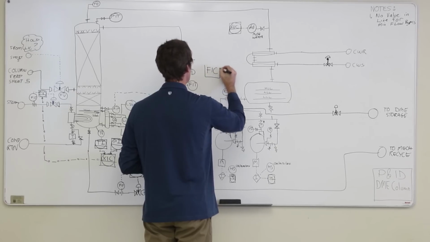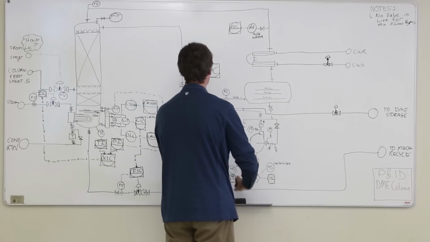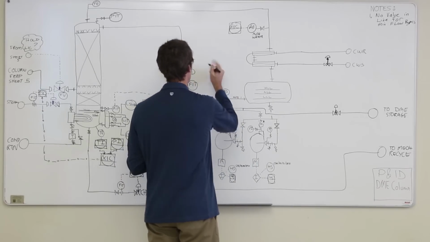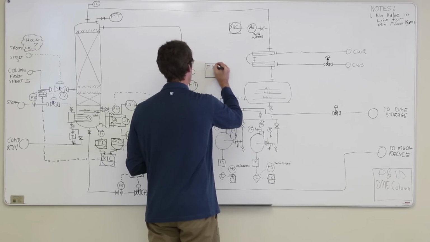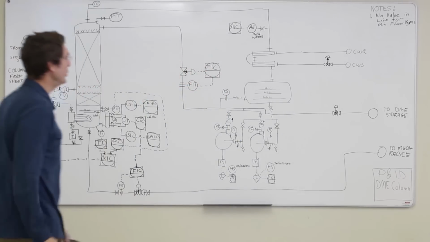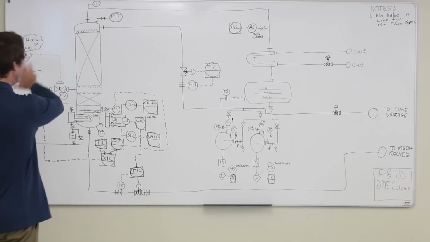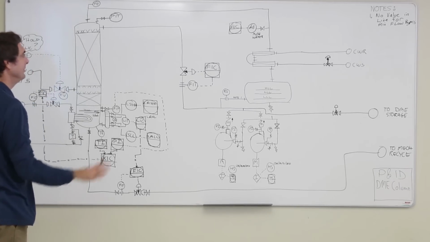One thing you'll probably see me try and do, I kind of do it a little bit subconsciously, is where I can, I'm trying to draw my controls from left to right and top to bottom.